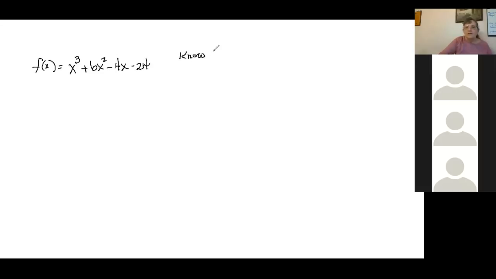You need to know how to factor by grouping, and factoring a difference of squares. You can use a quadratic formula if it's a quadratic, but that won't take care of something like this.